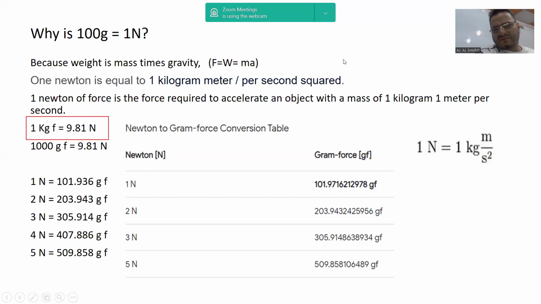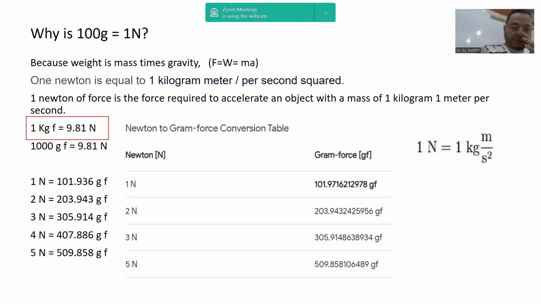We know force equals mass multiplied by acceleration. 1 Newton is equal to 1 kilogram meter per second squared, or in other words, 1 Newton of force is the force required to accelerate an object with a mass of 1 kilogram by 1 meter per second, the specific time being per second. Okay, 1 kilogram force equals the acceleration multiplied in Newton.